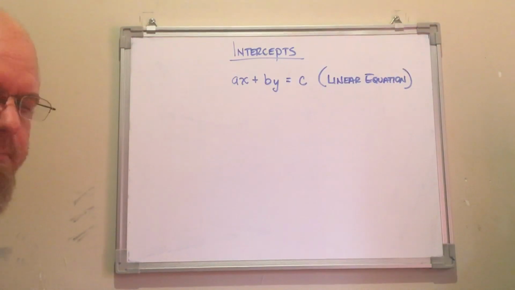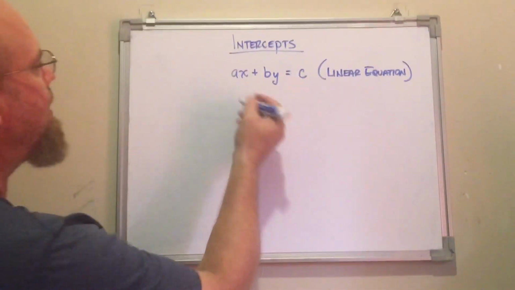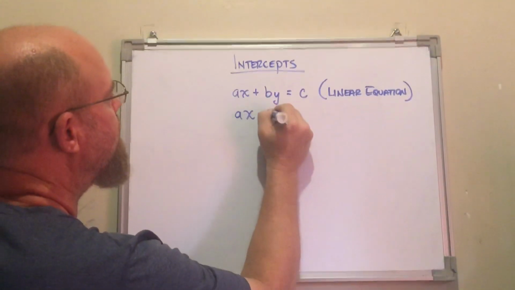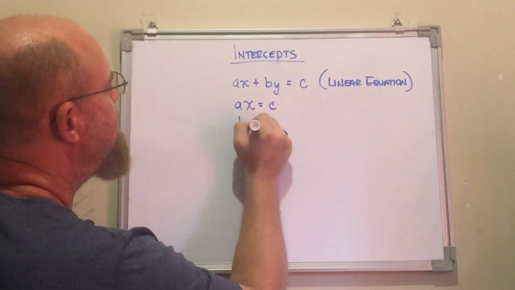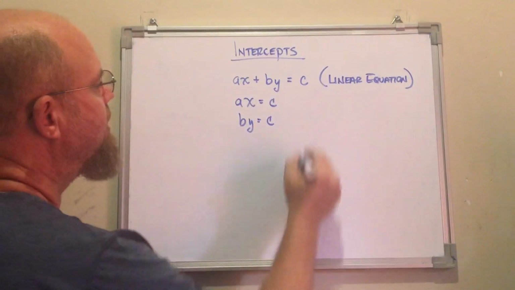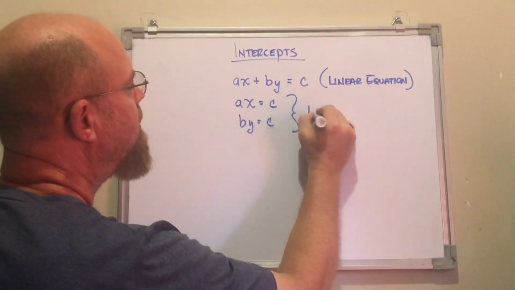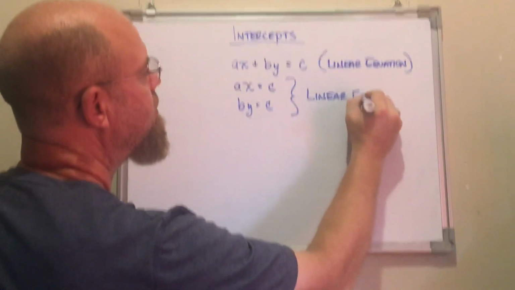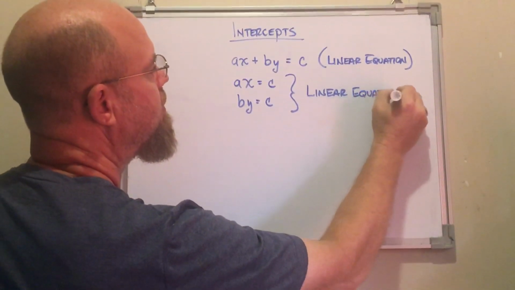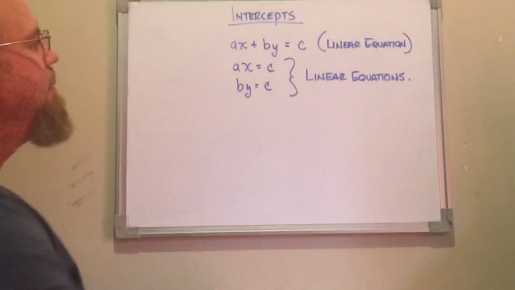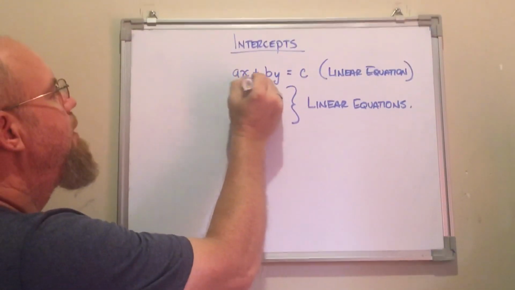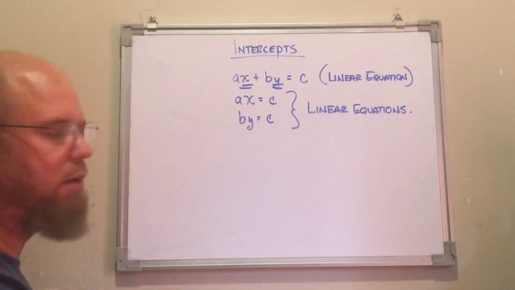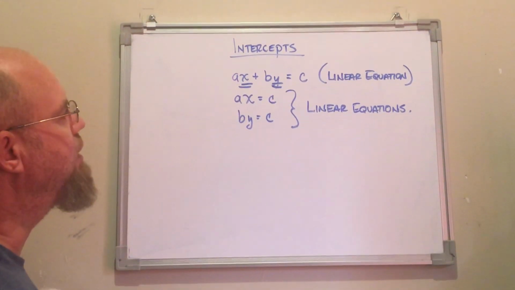Sometimes we only have ax equals c, and sometimes we only have by equals c, but these are both still linear equations. Anytime we have variables to the first power, we have linear equations.